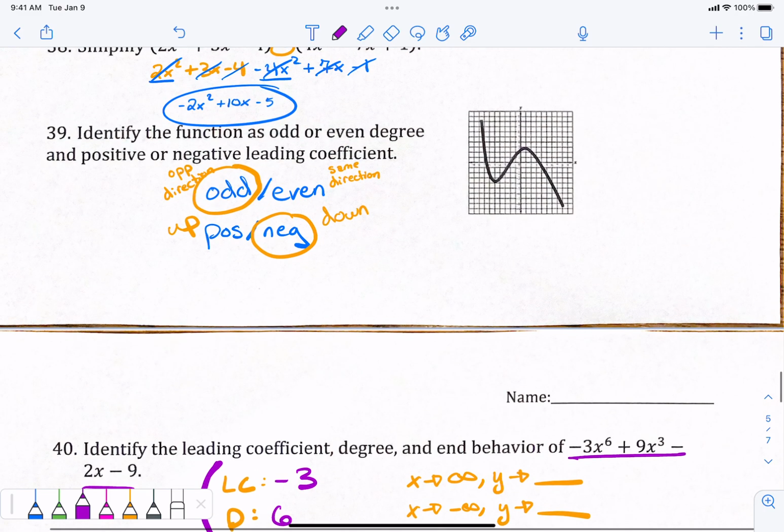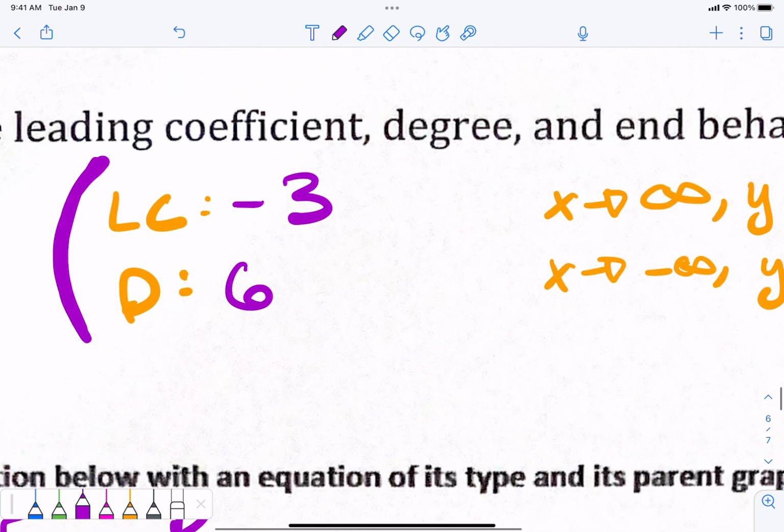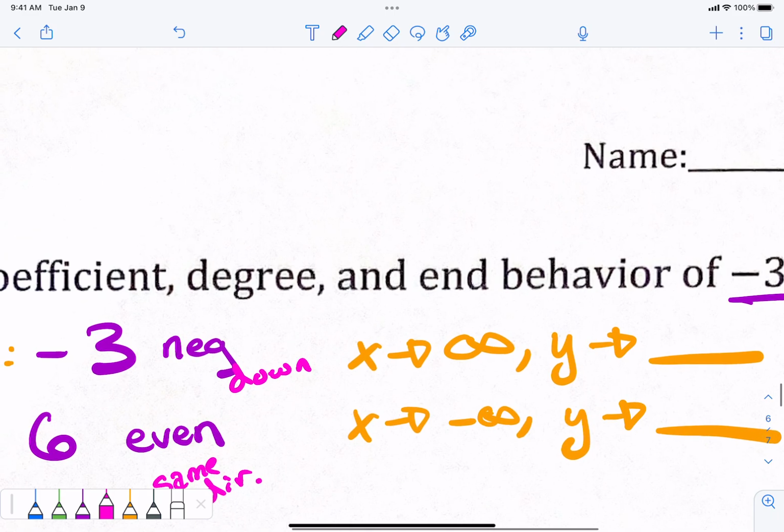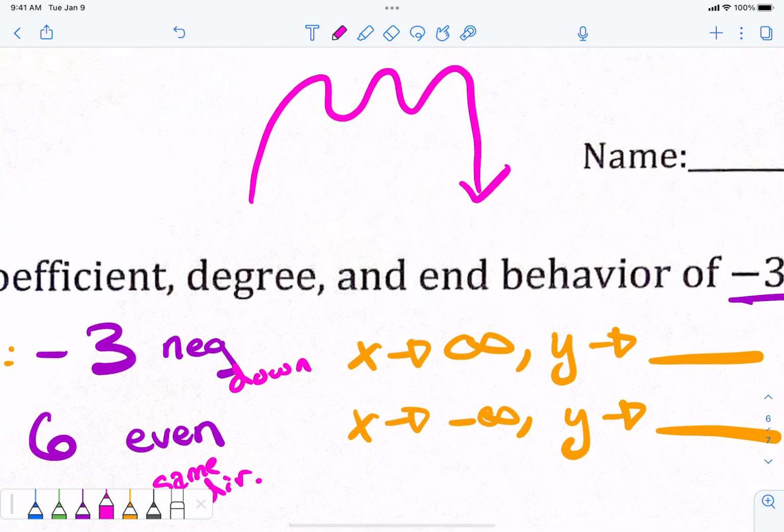So judging by what we just did, this is an even degree, so it's an even function, and it is negative, okay? So what does even tell me? That it's going the same direction, right? If it's even, it's going to be the same direction. What's negative tell me? It's going down. So it's going the same direction, and both of them are going down. So maybe it's going like this. Both of them are going down.